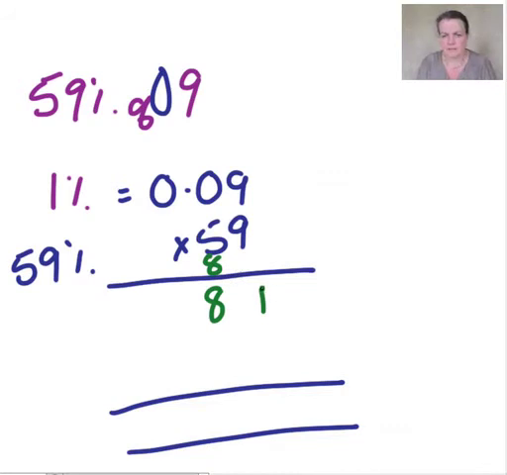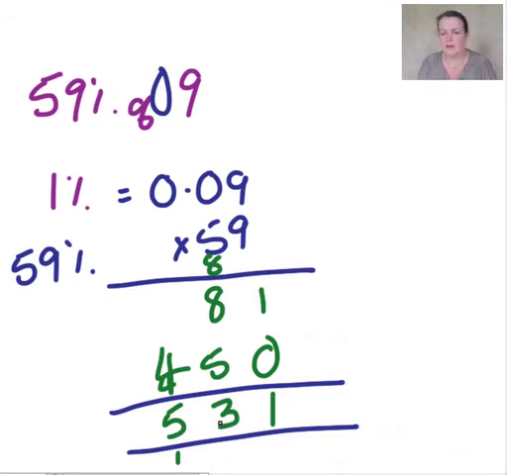Put down the 0. 9 times 5 is 45. 0 times 5 is 0 and 4. So 1, 13, carry the 1, 5, 5, 3, 1. How many numbers after the decimal? 1, 2. Bounce it in, 1, 2.